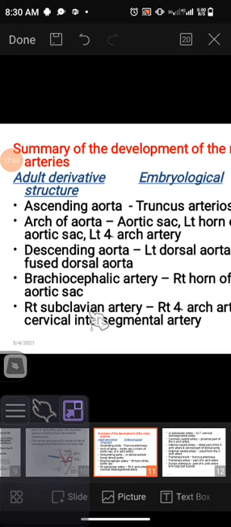So the brachiocephalic artery is formed from the right horn of the aortic sac. How I remember this is that I know the brachiocephalic trunk is going to divide to give me the right and the left subclavian, so hence it should be the right.